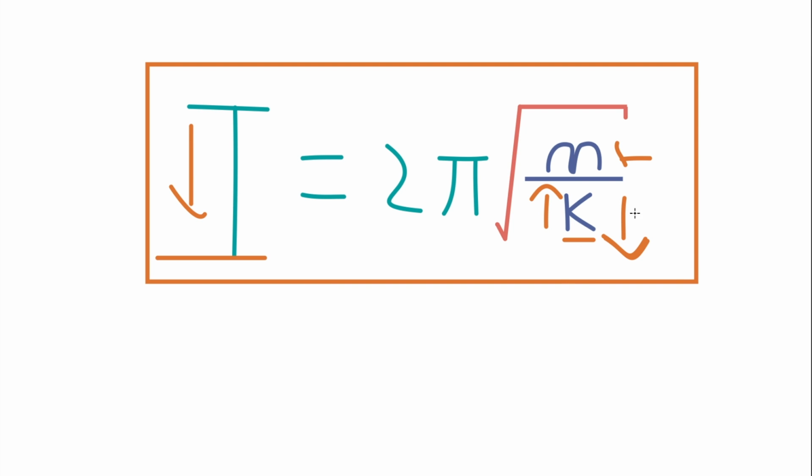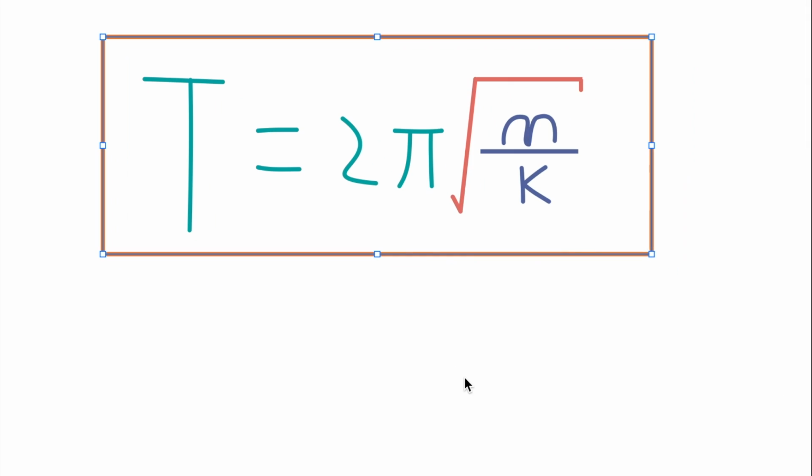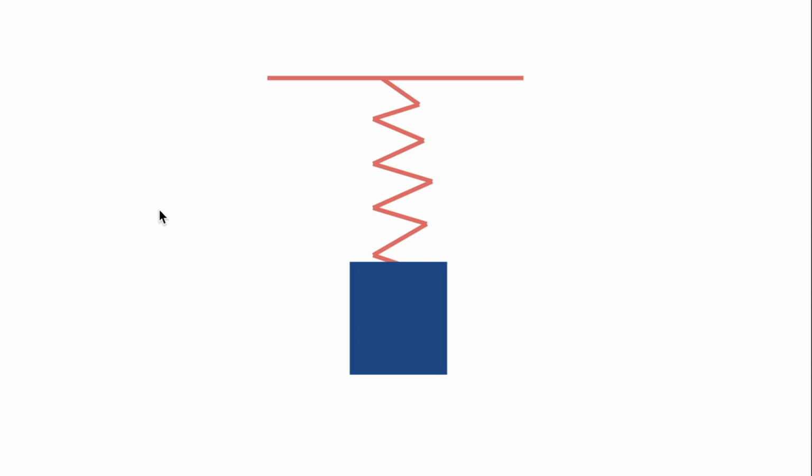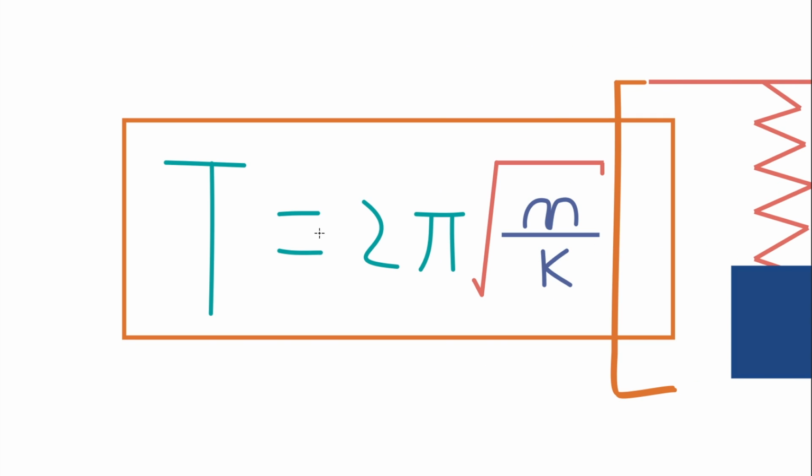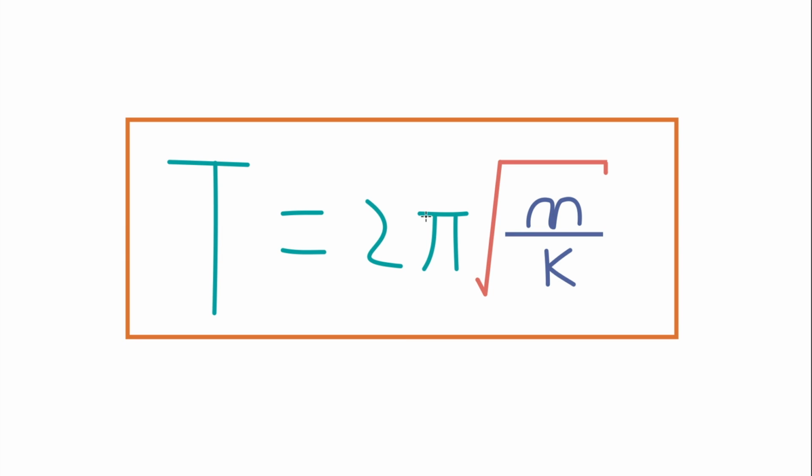Okay, so this is the equation for period. Let me just delete all these markings I did on it. Okay, and now I'm going to take this equation, copy, and let's just look at one more example. If we have a mass on a spring hanging from the ceiling, notice our equation does not have gravity in it either.